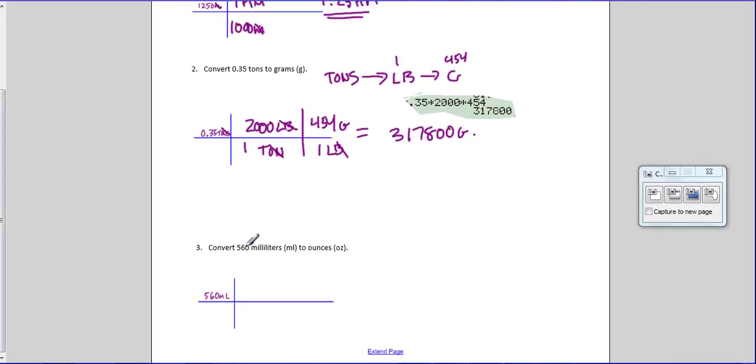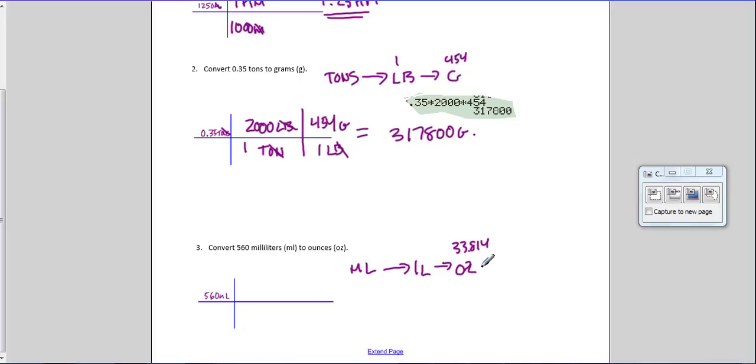Number 3, convert 560 milliliters to ounces. So I need to use my volume bridge, and I'm going metric to English here. I'm going to go liters to ounces, and I know that 33.814 ounces is 1 liter. Going from milliliters to liters is fairly easy because I know 1,000 milliliters is 1 liter.